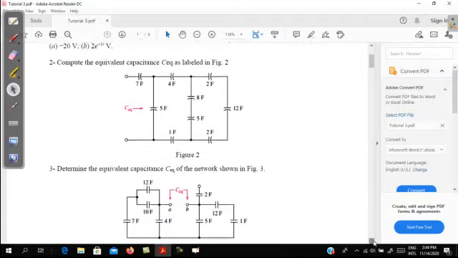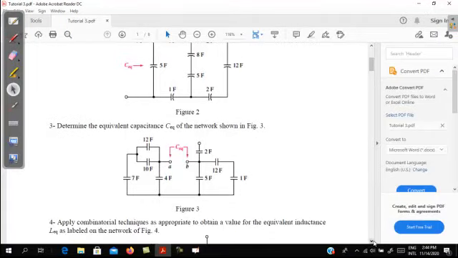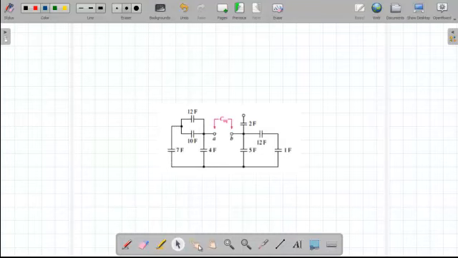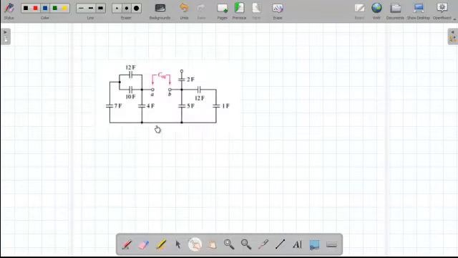Number 3 is also straightforward. So number 3, sorry, the previous answer is for number 3.